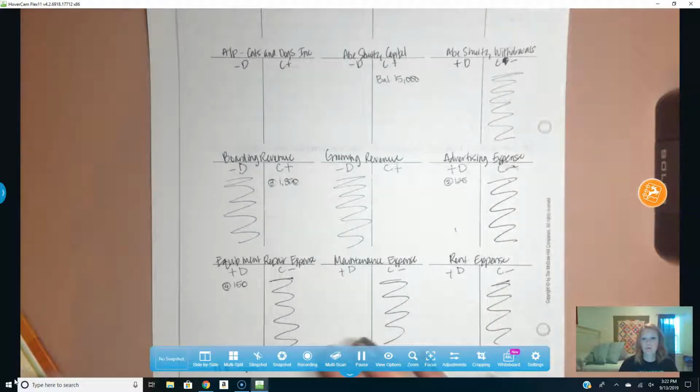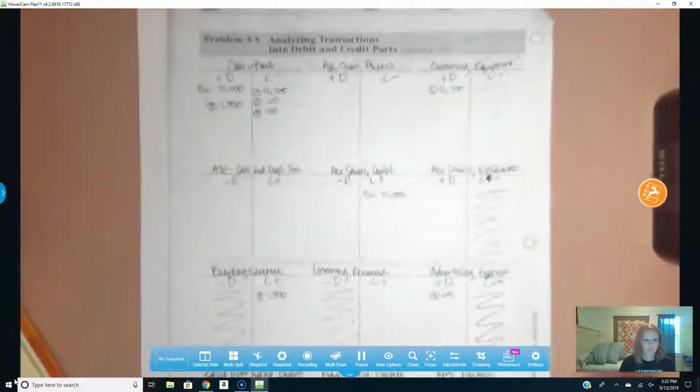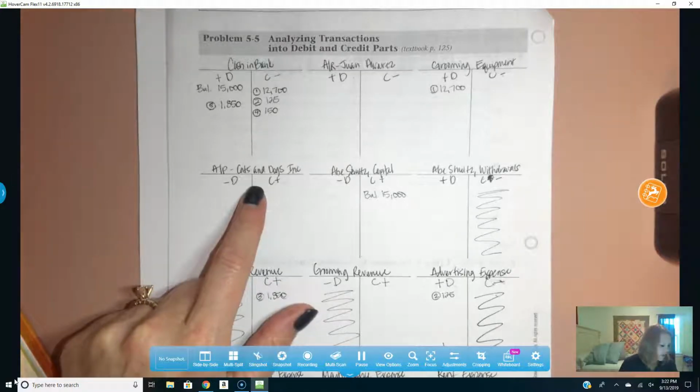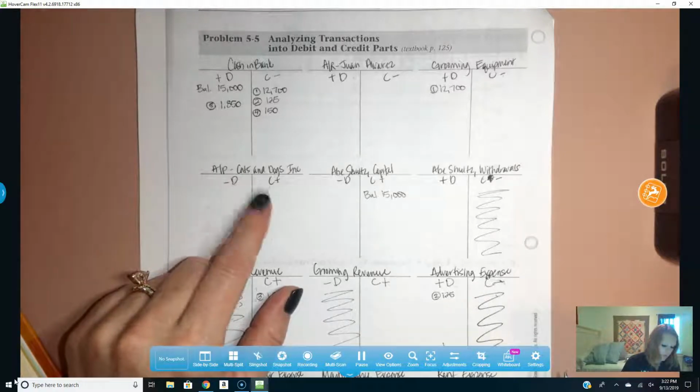All right, we're going to do one more, and then I'm going to let you guys finish out on your own. So number 5, we purchased a dog cage on account from Dogs and Cats Inc. for $75. And this is a transaction that we've been doing up to this point. So Cats and Dogs Inc. We purchased from them, so we owe them money, and we purchased a dog cage.